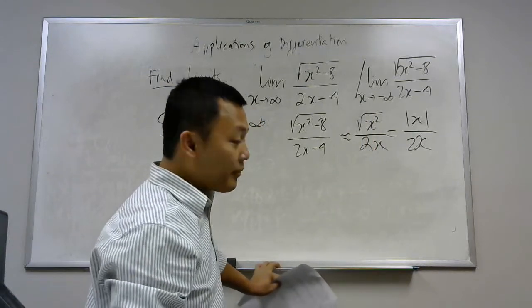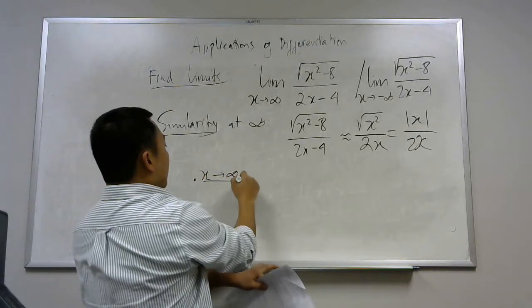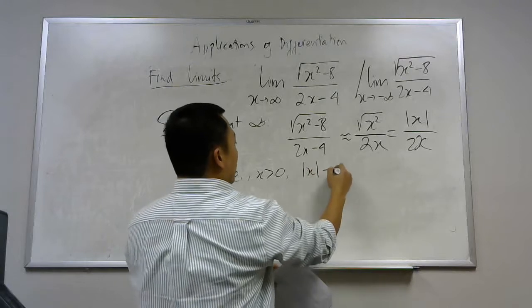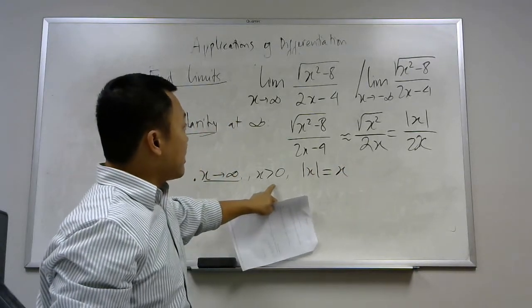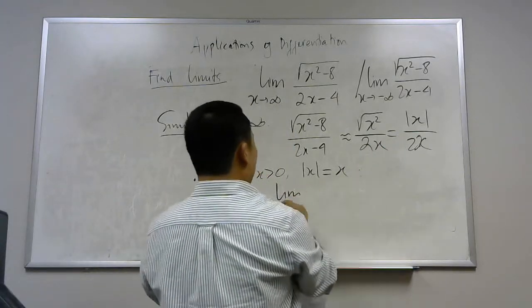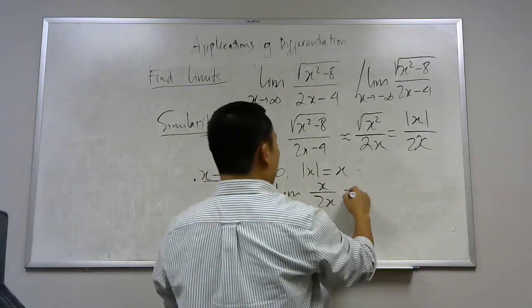Now for the first limit, when x goes to positive infinity, x is greater than 0, and then the absolute value of x is equal to x. Don't forget about this. So the limit when x goes to positive infinity equals x over 2x, which is 1 over 2.